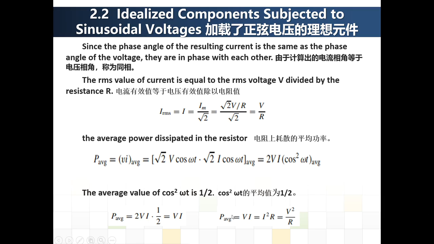Since the average value of cosine squared omega t is equal to 0.5, the average power is equal to the RMS voltage multiplied by the RMS current.